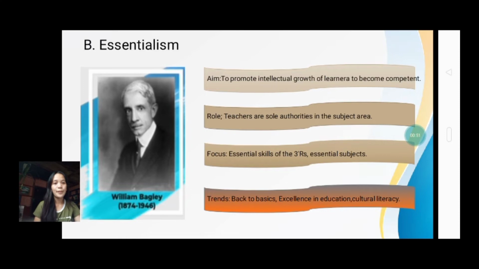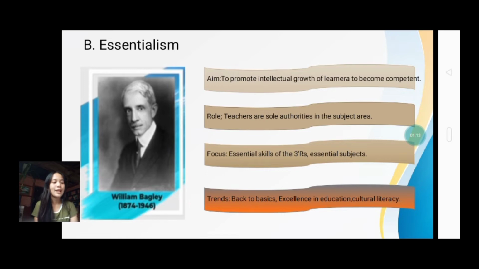The role of education: teachers are the sole authorities in the subject area. The focus in the curriculum is the essential skills of the 3 R's and essential subjects like English, science, history, math, and foreign language.